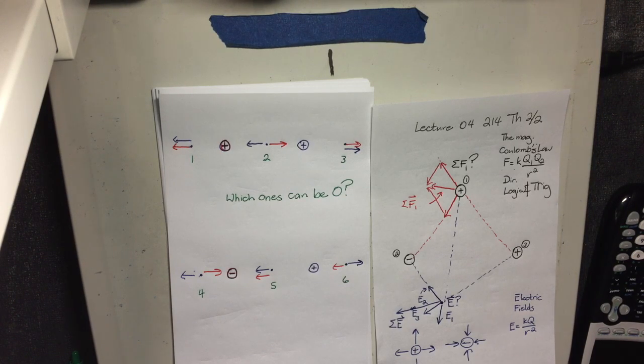So where the vectors are opposing, such as 2, 4, and 6, those would be the regions where you would study. If I ask the question, where between these points is the electric field 0, you wouldn't bother with 1 and 3 on the top, and you wouldn't bother with number 5 in the middle, because it's impossible. Positive plus positive will still give you a positive.